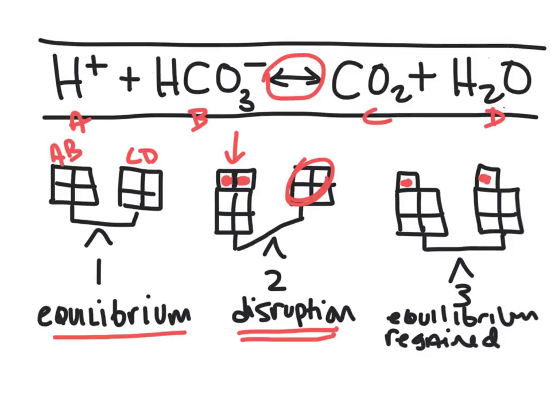The body's response to a disruption is to create a response in order to regain homeostasis, in this case, regain equilibrium. So what you can do is take one of these boxes and put it on this side. Now we have regained equilibrium.